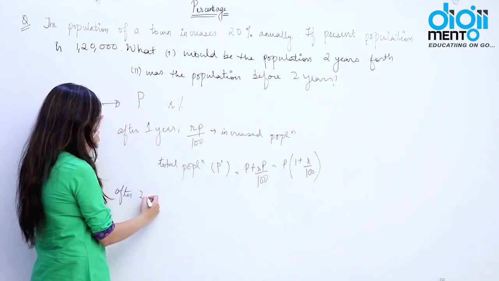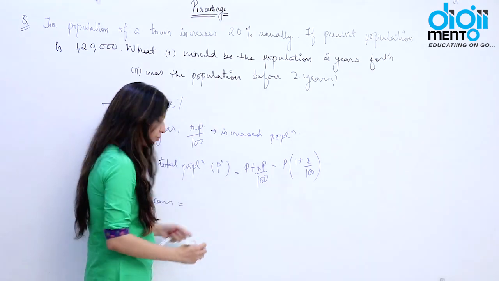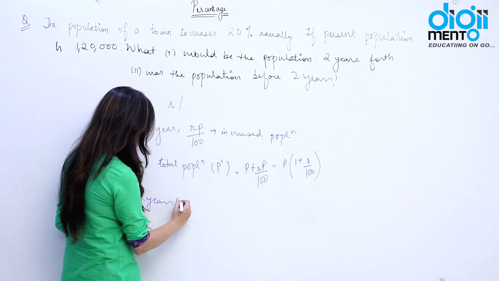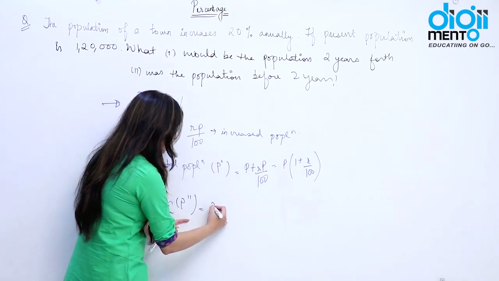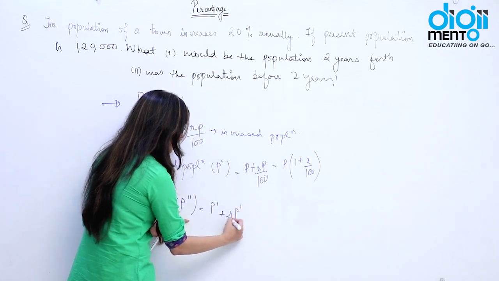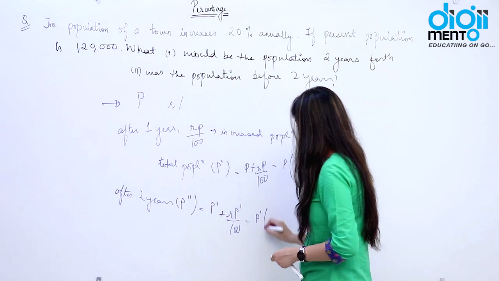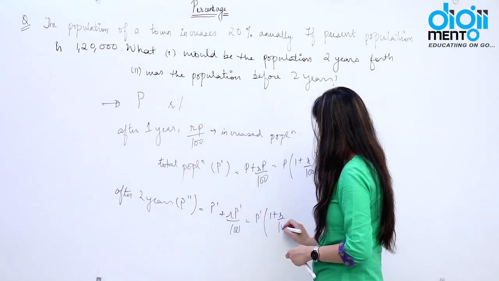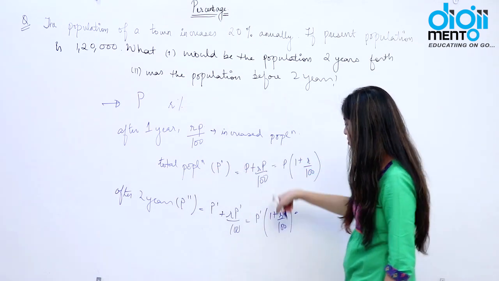After 2 years, similar to this, let us say the population becomes P double dash. Then this P double dash is going to be P dash plus Rp dash by 100. Or if you just take out P dash common, this is going to be P dash into 1 plus R by 100. If I try to write this in terms of P, I can just substitute its value.